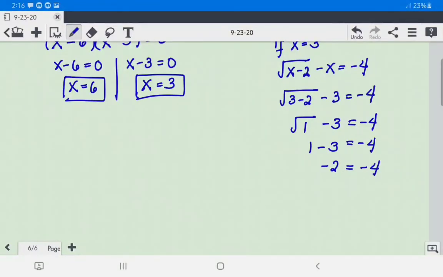So, as you can see, they are not equal. In this case, 3 is what we call an extraneous solution. An extraneous solution is a solution derived from the original equation, but it is not a solution to the equation.